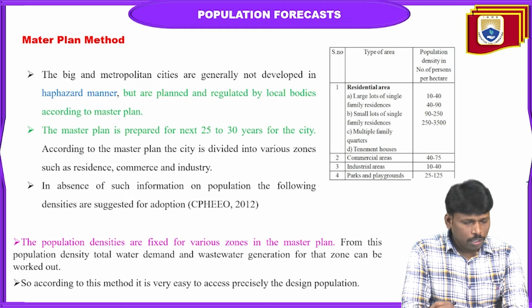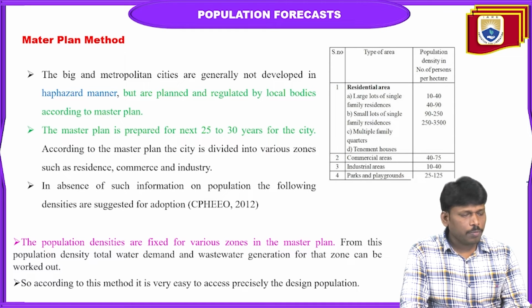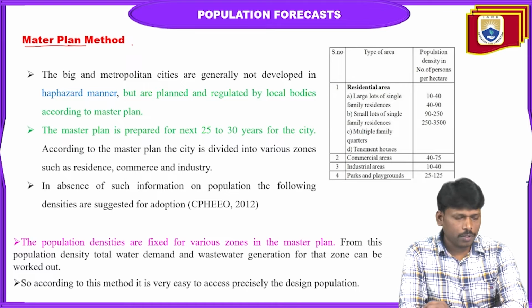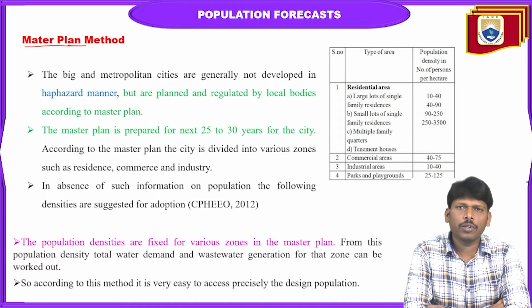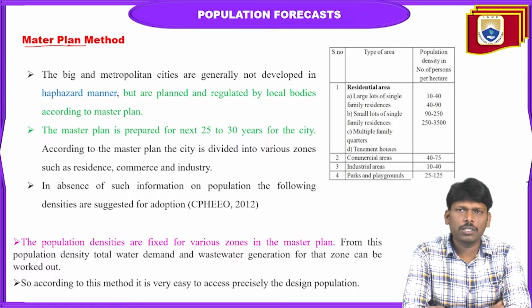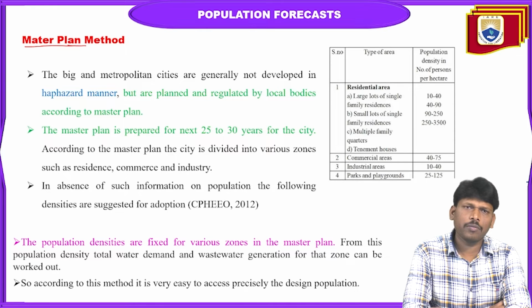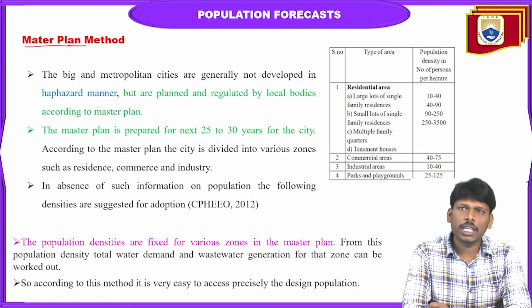So here actually, the name master plan itself is very clear. Master plan method. For example, if you consider Bangalore or Chennai or Hyderabad, metropolitan cities, basically if the cities are planned very well in advance to accommodate the future population densities.